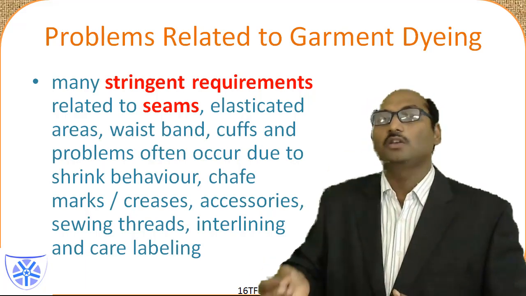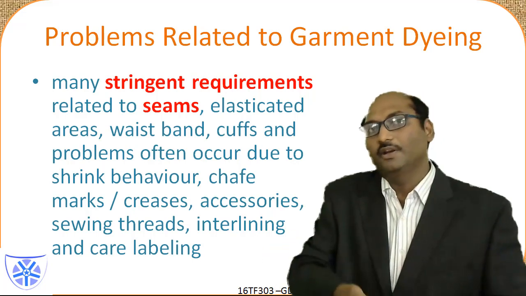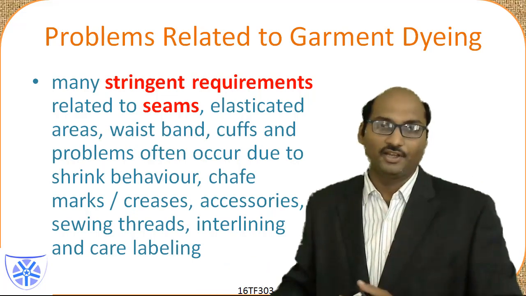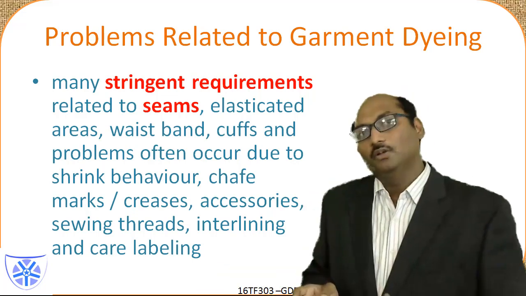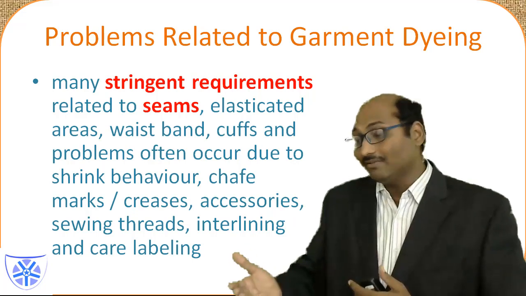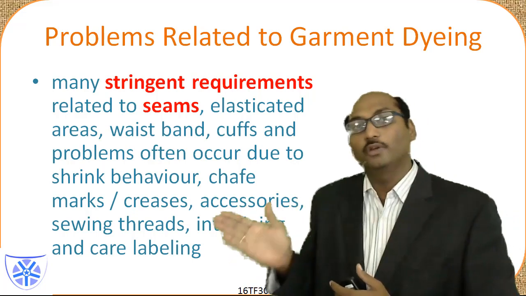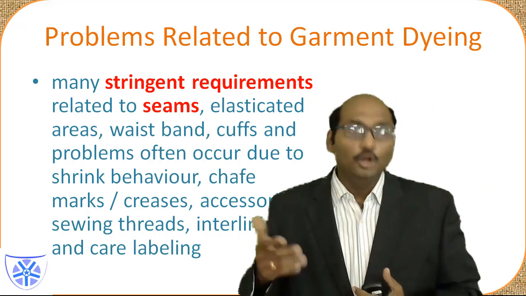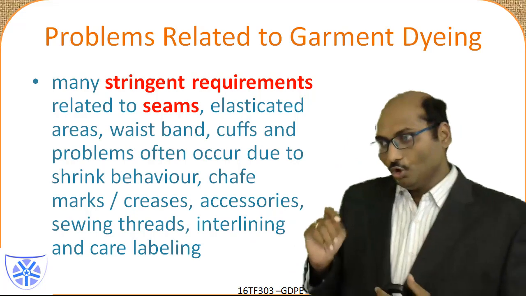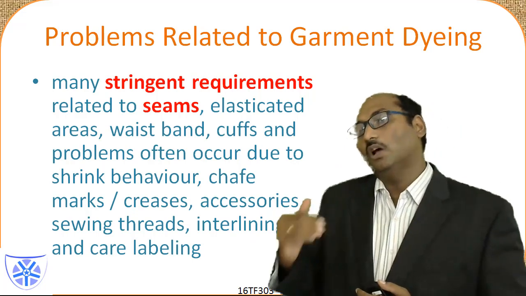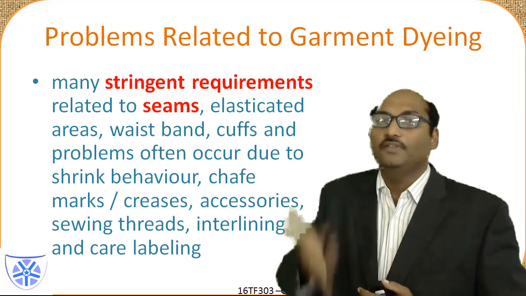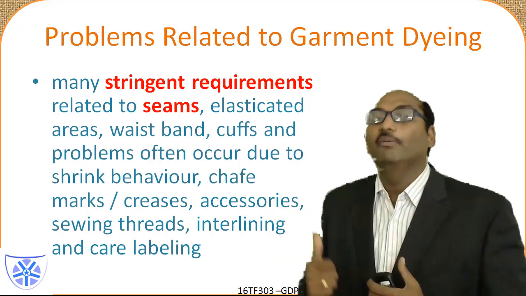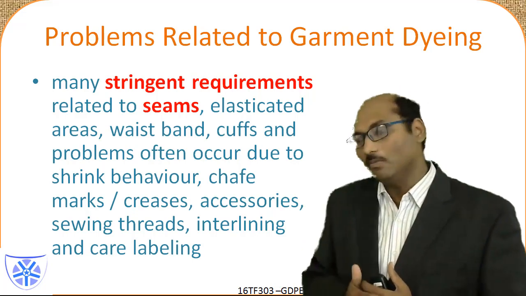Even a small change, like one fabric treated with an optical brightening agent and another fabric not treated, when these two are combined, after dyeing both fabrics will have a different look. So whatever ununiformities are there right from the yarn stage, everything will come out once the garment is dyed. So that is one problem.